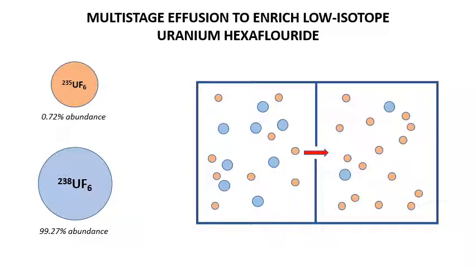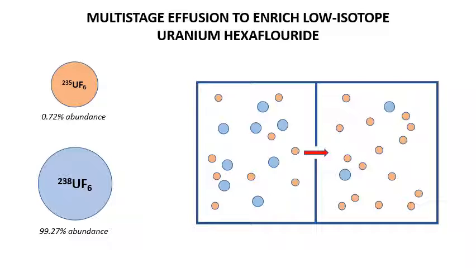Graham's law of effusion states that the rate of effusion is inversely proportional to the square root of its molecular weight. So uranium-235 will effuse more rapidly than uranium-238, and as a result, you will end up with more uranium-235 on the right side and more uranium-238 on the left side.